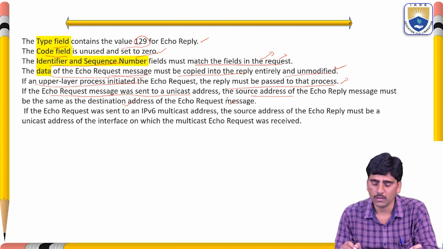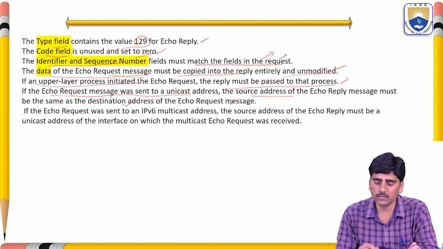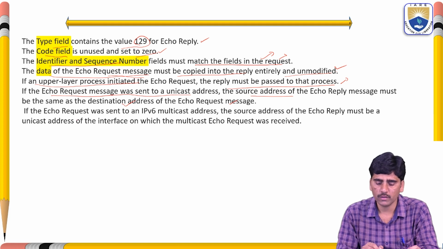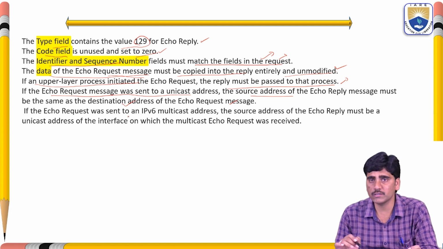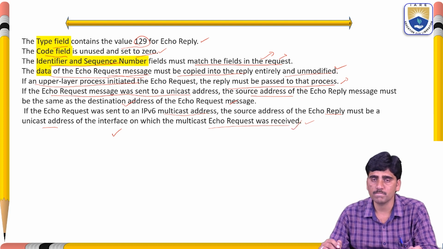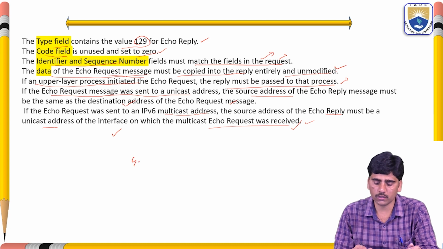If the echo request was sent to an IPv6 multicast address, the source address of the echo reply must be a unicast address of the interface on which the multicast echo request was received.